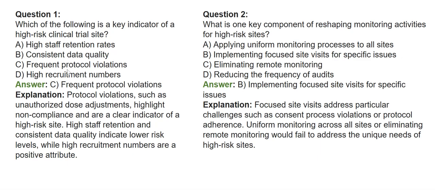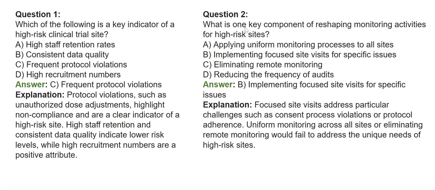Definitely it's frequent protocol violations, as violations such as unauthorized dose adjustments highlight non-compliance and are a clear indicator of a high-risk site. High staff retention and consistent data quality indicate lower risk levels in comparison, while high recruitment numbers are a positive attribute. So it is C.